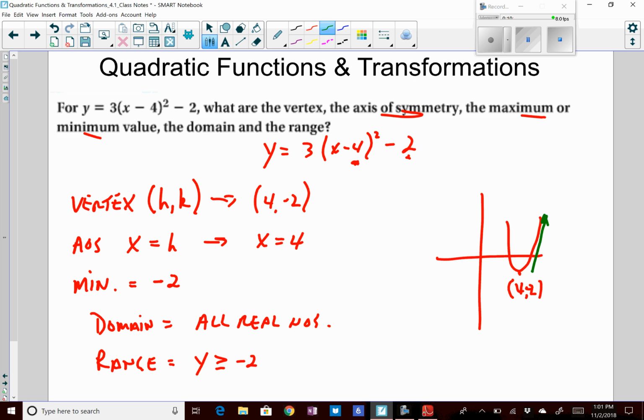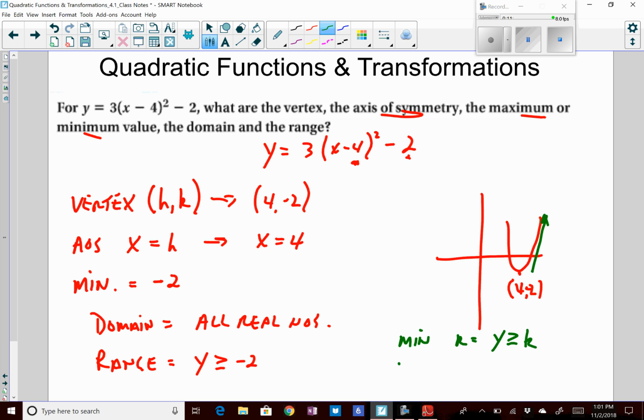So anytime they want the domain, again, it's always all real numbers. For the range, it's basically this. If you have a minimum value, then the range will equal y is greater than or equal to whatever the value of k is.